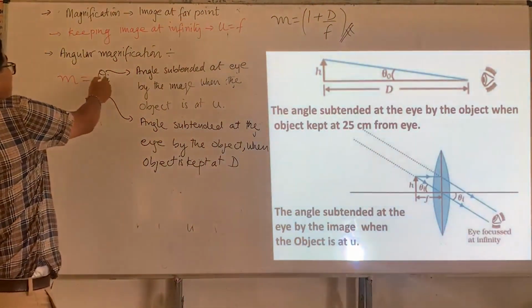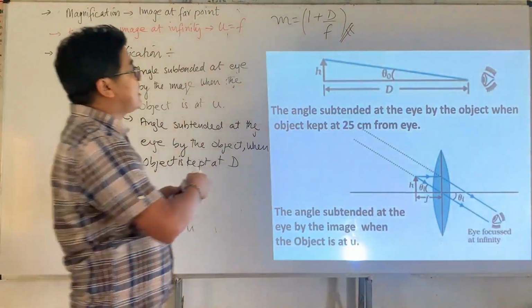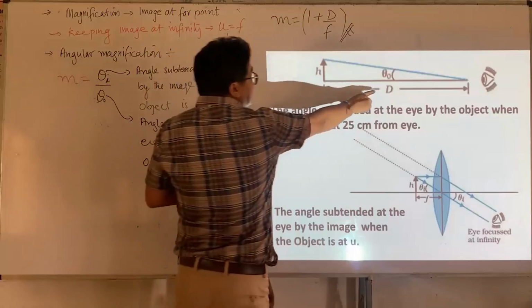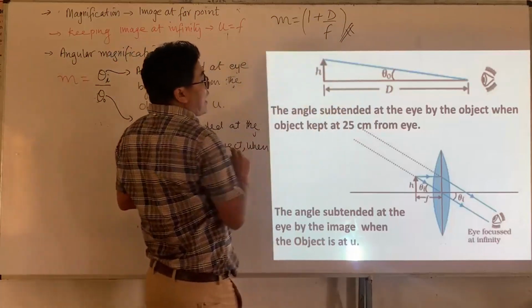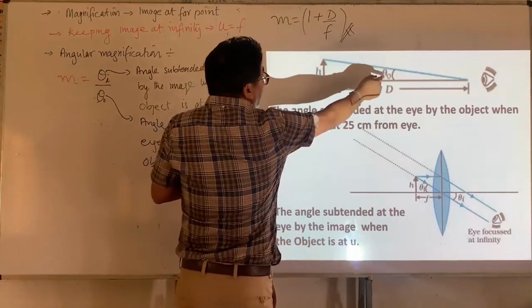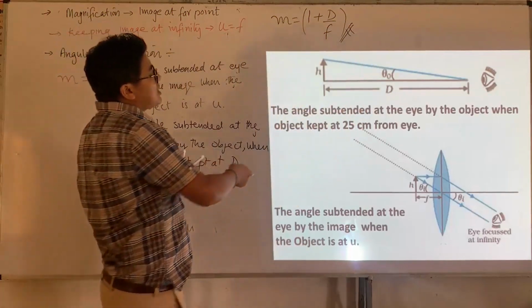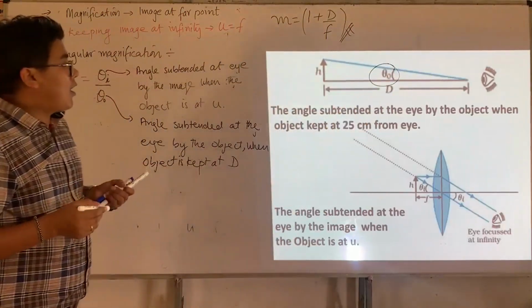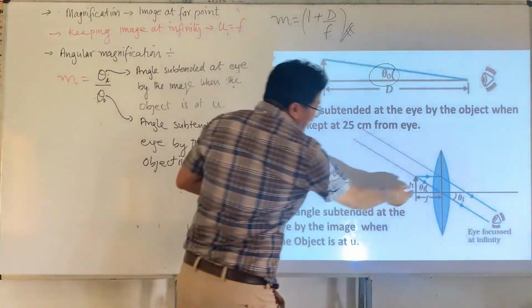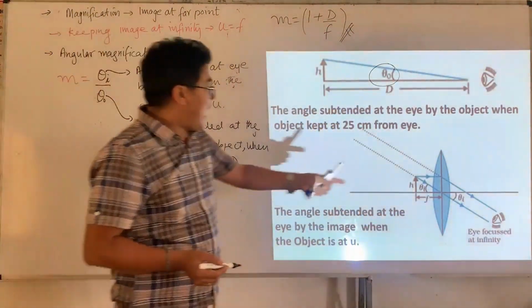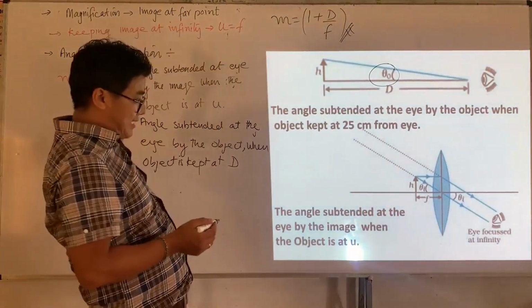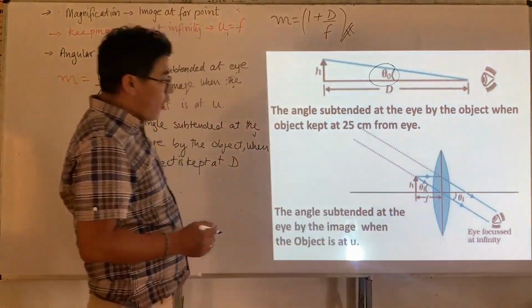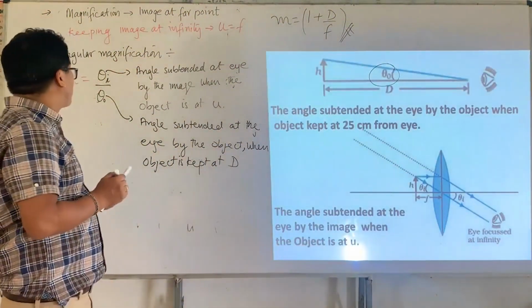So this is theta I, the other one is theta naught. I'm going to keep the object at a distance d, and see what angle is subtended by the eye. This is what we call theta naught, and this is theta I, the angle subtended at the eye by the image, or by the object when the object is at the focal point.